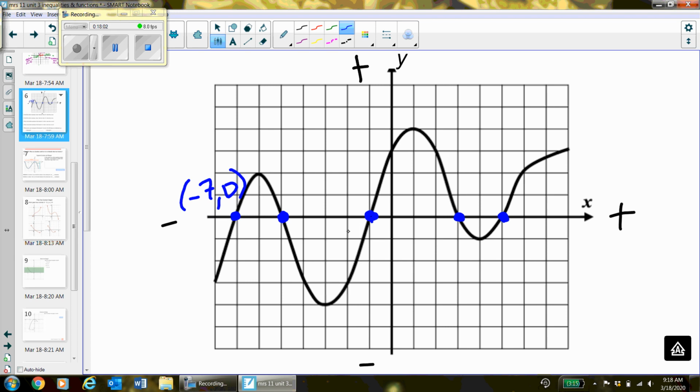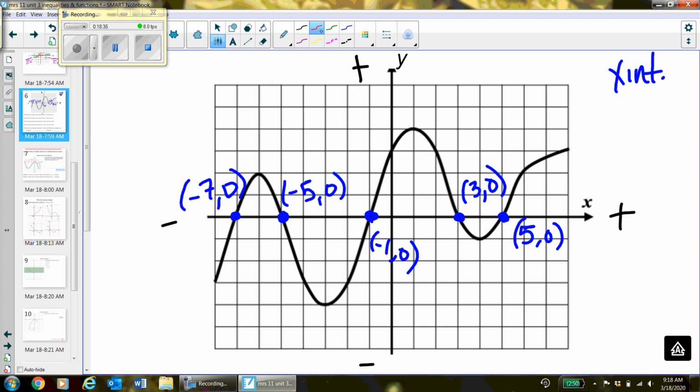So -5, 0. And this is -1, 0. Okay. This is, let's go up here, 3, 0, because I'm in the positive side. And this is 5, 0. Okay, perfect. So the x-intercepts have been labeled, and I'm just going to write x-intercepts over here so I know I did that in blue.